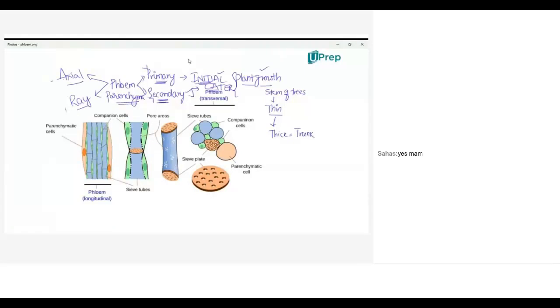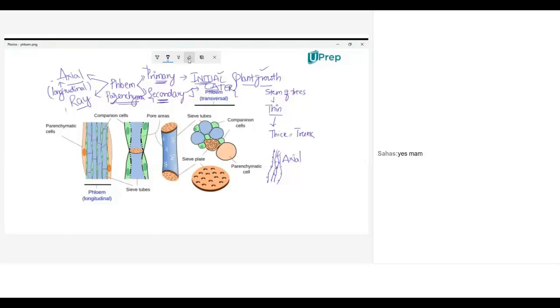So this differentiation we are talking about is based on the arrangement of parenchyma cells. Suppose the parenchyma cells are longitudinally arranged. Means what? They are present side by side, like this. If you have all the parenchyma cells arranged side by side, then this parenchyma we call axial.